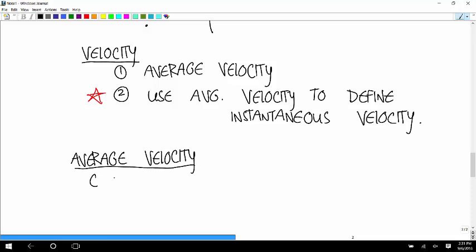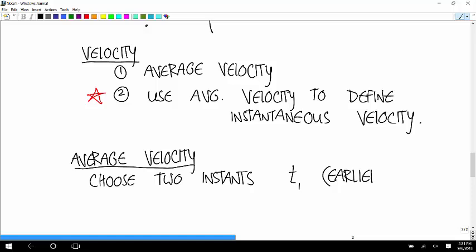So let's say we choose two instants. T1 is the earlier one. And T2 is the later one.